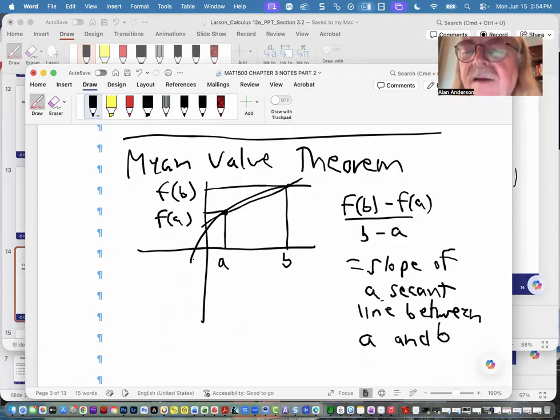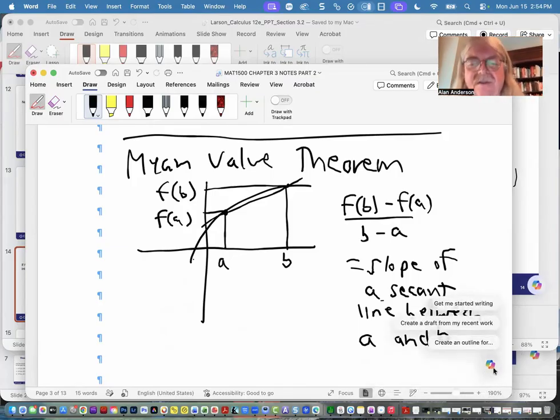All right, so we definitely did this, but you might have forgotten after all this time went by. That is the formula to calculate the slope of a secant line between those 2 points. So what they're basically saying here is this.